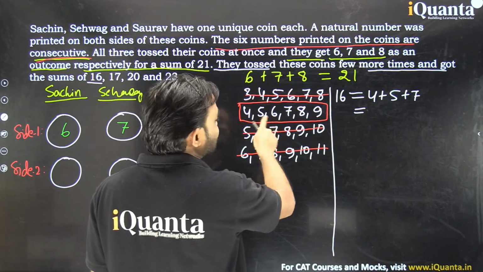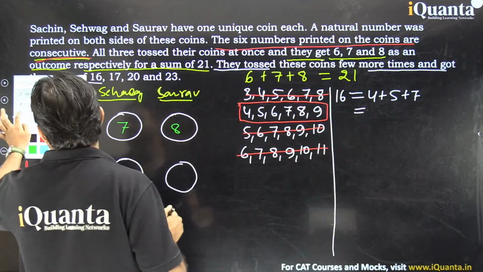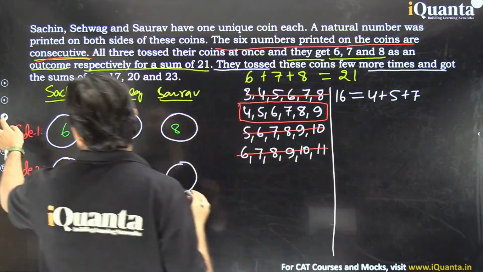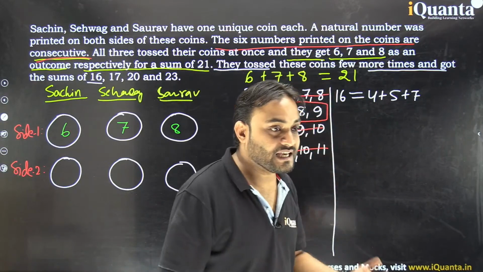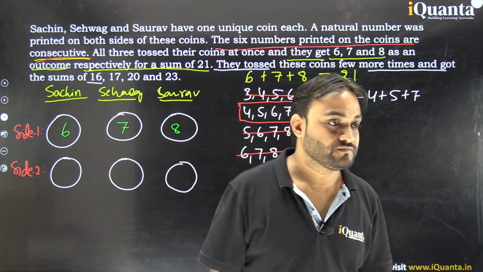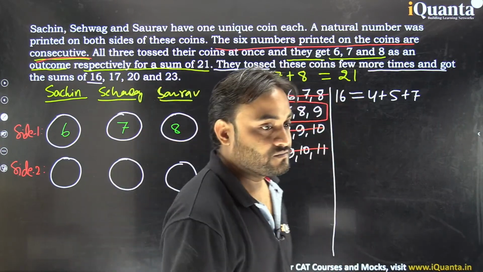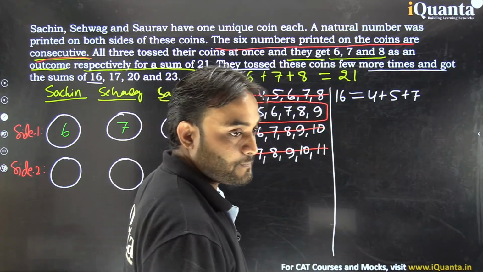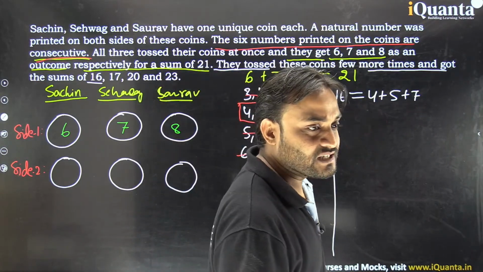If we take 4 plus 6, it is not possible, further it won't be possible. There is only one case for 16, only one case, okay? For 16 only one case is possible, right? Is there another case possible? Another case is not possible here, right? Is that possible?